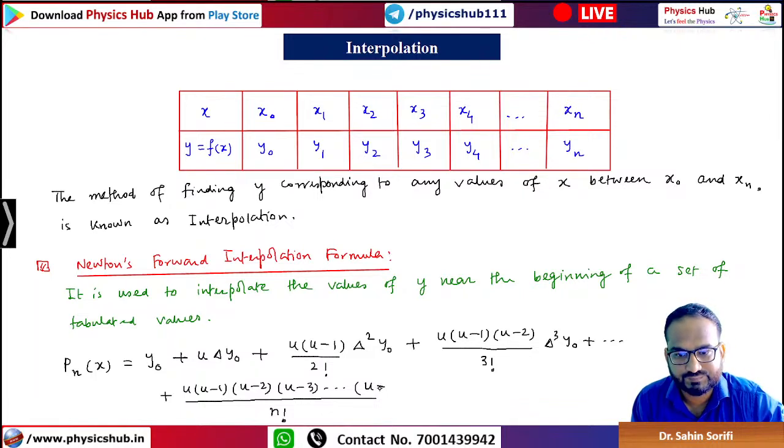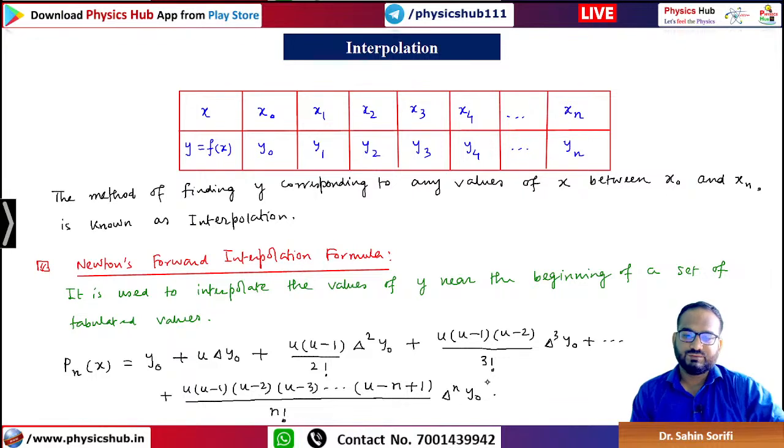Is it understood? Here 1 unit less is used. So u minus within bracket n minus 1. If you remove the bracket, it becomes u minus n plus 1, delta to the power n y0.